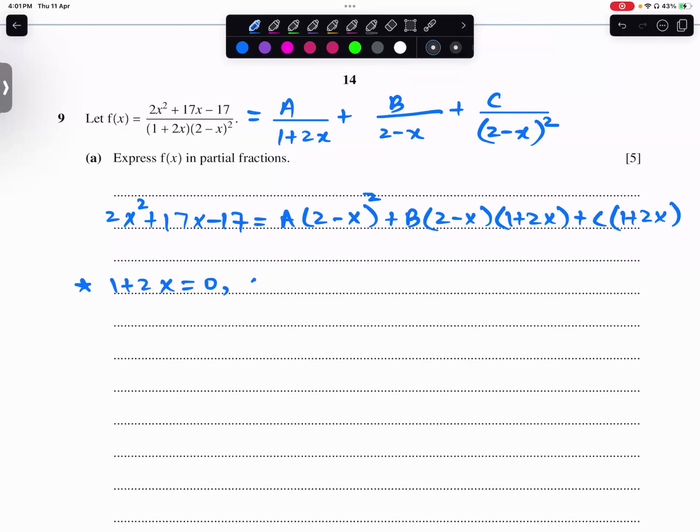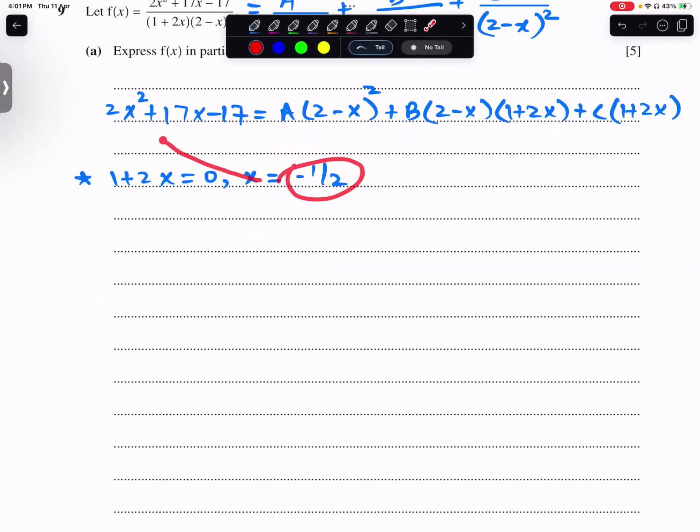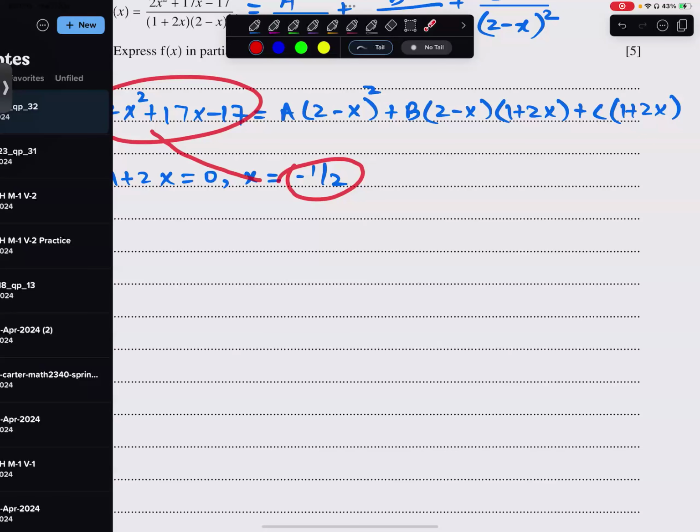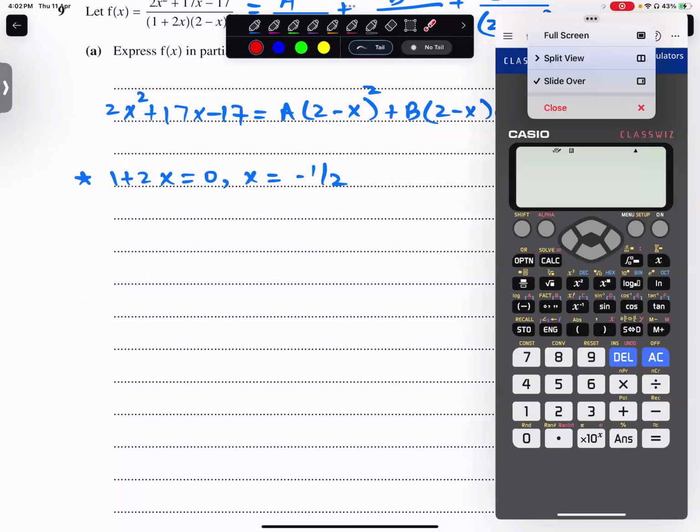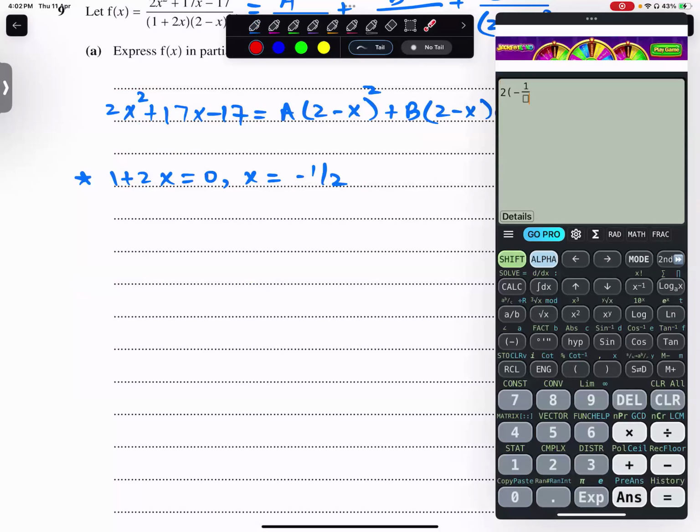Now put this value here in the calculator. So 2 times minus 1 divided by 2 square plus 17 times minus 1 over 2 minus 17.